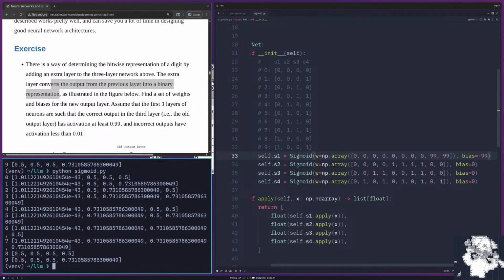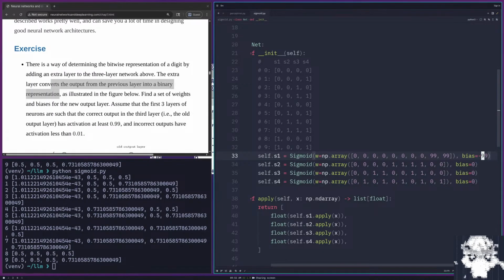So now this is 0 everywhere except 8 and 9, and 8 and 9 put it at 0.5. Why 0.5 and not 0?